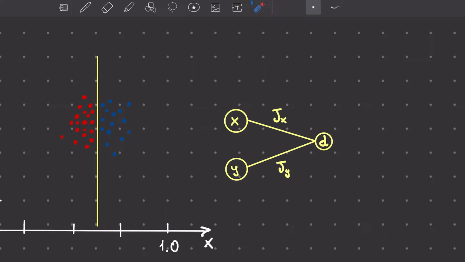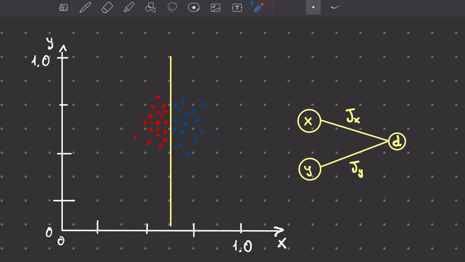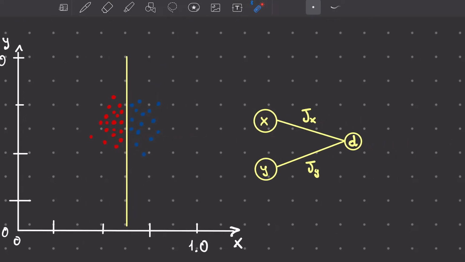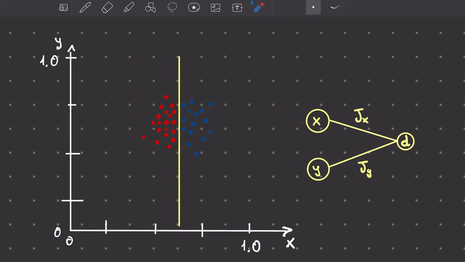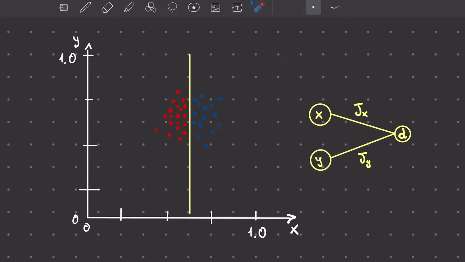For example, if d equals 1, then the point is blue. If d equals 0, then the point is red. So hopefully you have understood this problem statement. I think it's quite straightforward, so we're gonna move on.